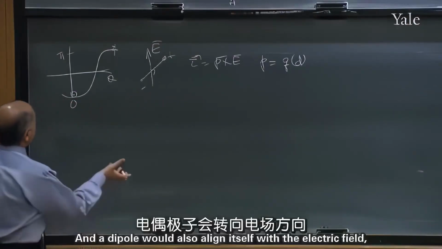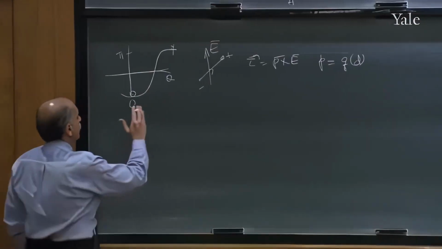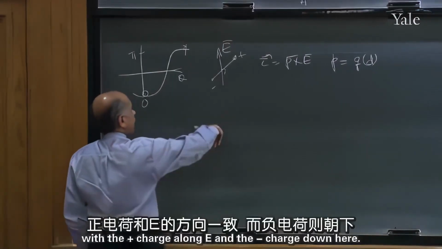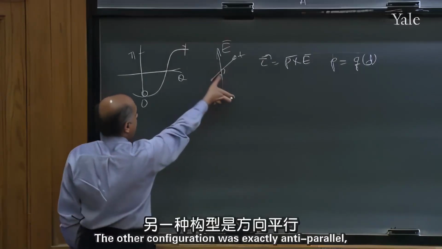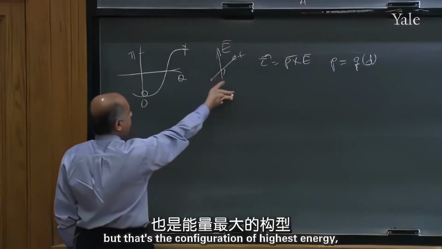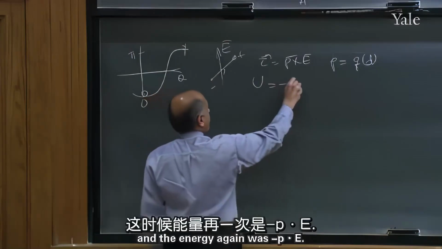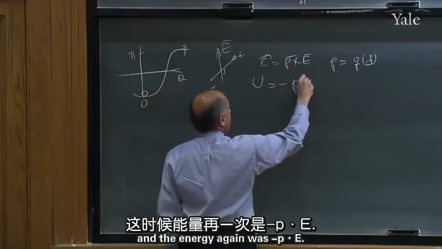And a dipole would also align itself with the electric field, with a plus charge along E and a minus charge down here. The other configuration was exactly anti-parallel, but that's the configuration of highest energy, and the energy again was minus P dot E.